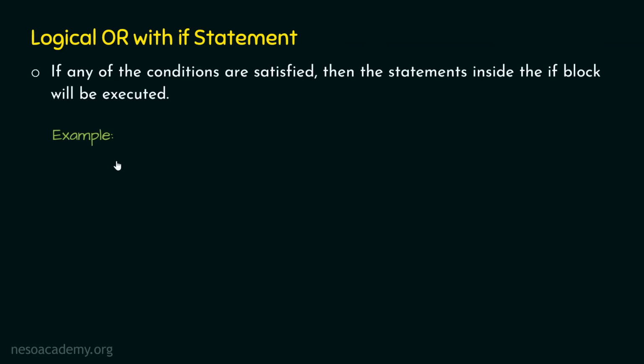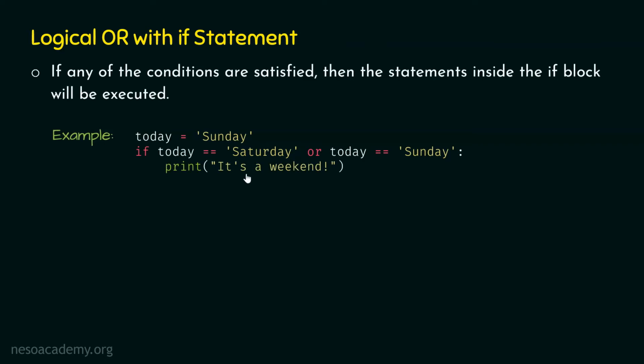If any of the conditions is satisfied, then we must print it's a weekend. So let's say that today is Sunday. Here today variable is representing today, and today variable is pointing to this string Sunday. So if today is Saturday or today is Sunday, then in that case, it's a weekend must be printed. Here we are using OR and not AND.